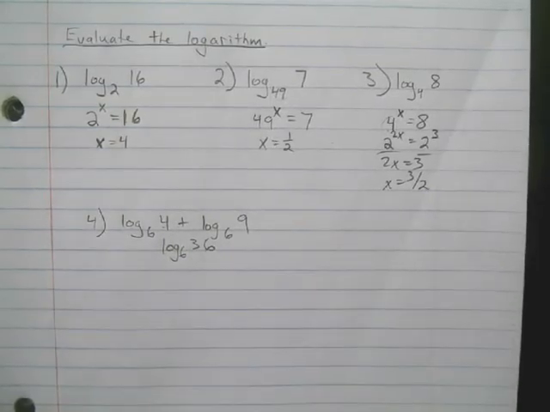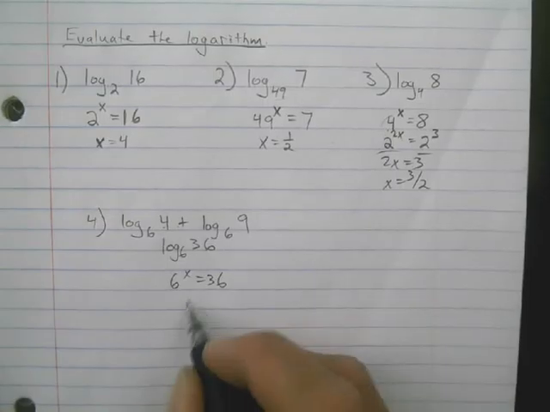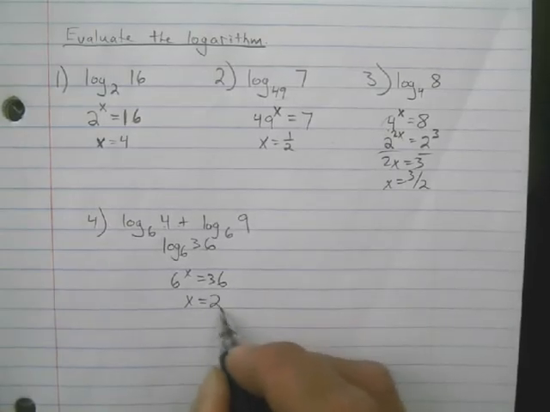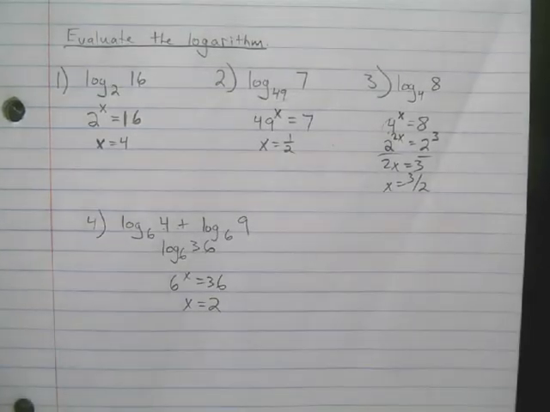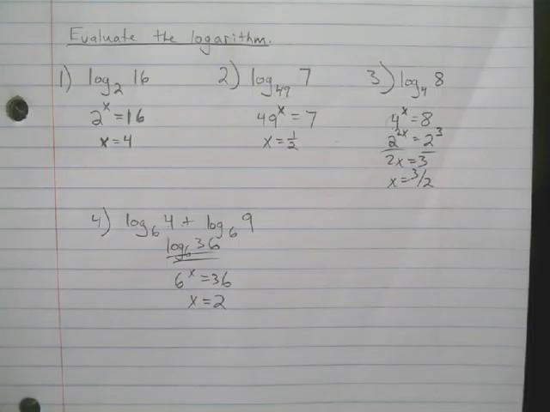Then I want to evaluate that. That just goes to 6 to what power equals 36? Well, that's just going to be x equals 2. So two questions, we gave you something like that: use the properties to get it down to a single log, and then evaluate it. And that was it. All right, guys.